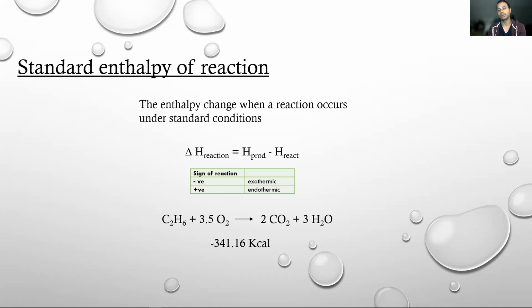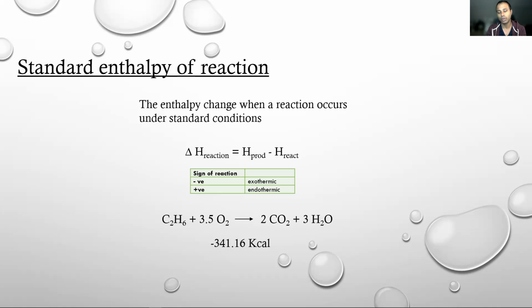So we will see this with an example. The example we will take is oxidation of ethane. So 1 mole of C2H6 plus 3.5 moles of oxygen gives 2 moles of CO2 plus 3 moles of H2O. That is a balanced reaction.